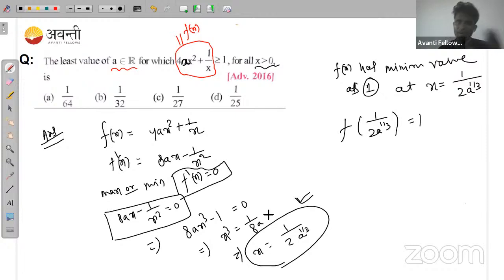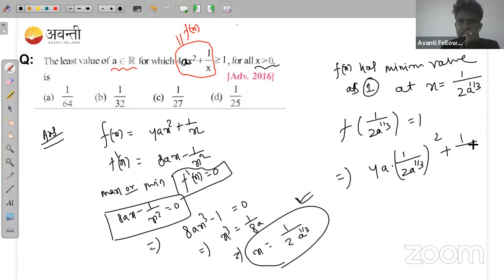तो x की जगह पे अगर ये पुट कर दूं तो ये आ जाएगा. So that implies 4a x square, where x square means 1 by 2a to the power 1 by 3 whole square, plus 1 by x, which is 1 by 2 to the power 2 into a to the power 1 by 3, equal to 1.